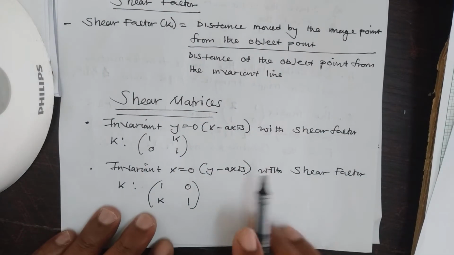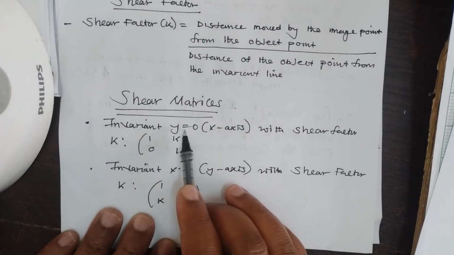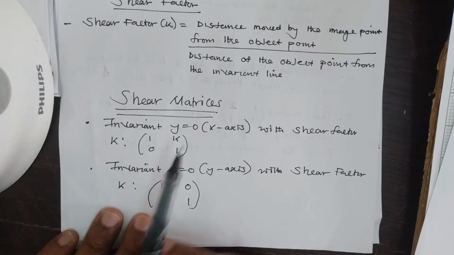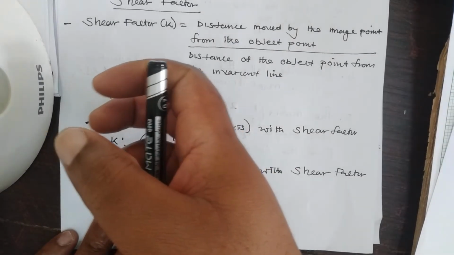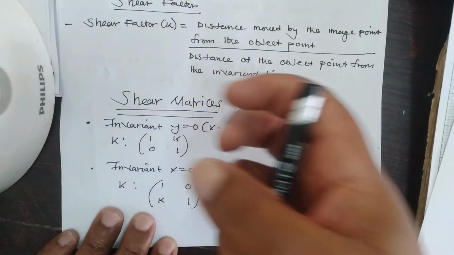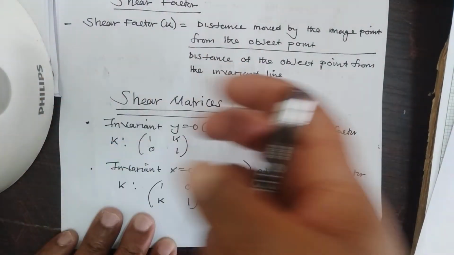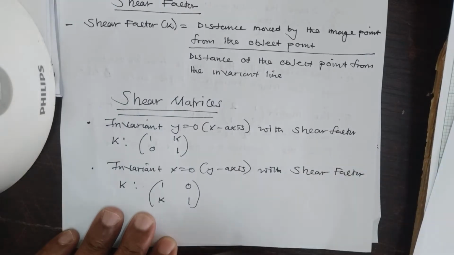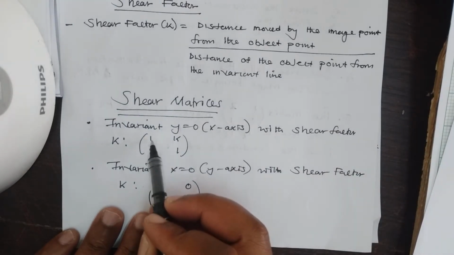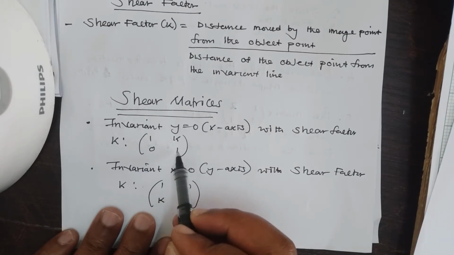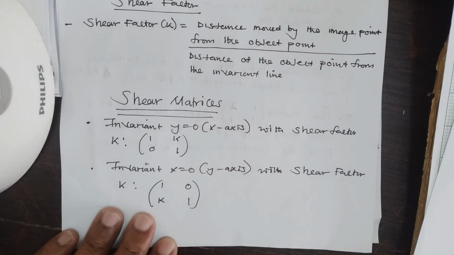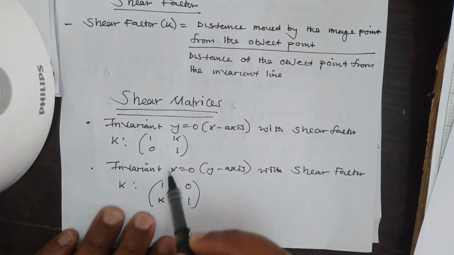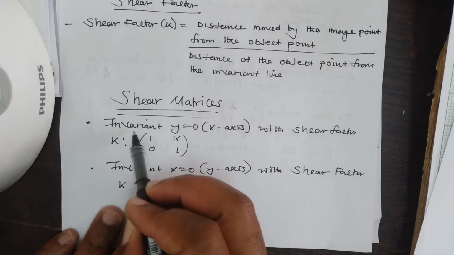When you know that the invariant line is y equals 0 or the x-axis, it means that the shear is along the x-axis, parallel to the invariant line. Then you are going to use 1 k 0 1, where k is the shear factor. Take note, when you are dealing with a shear, you have 1 here.